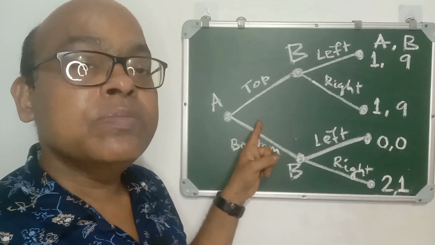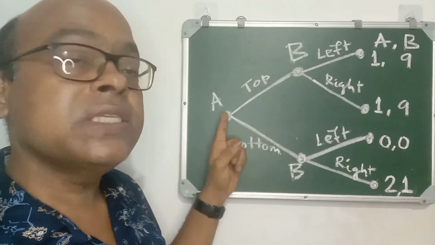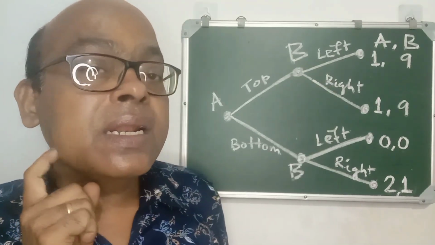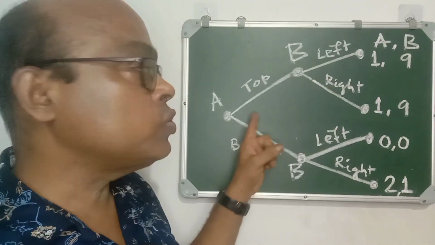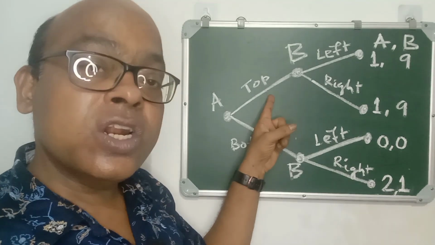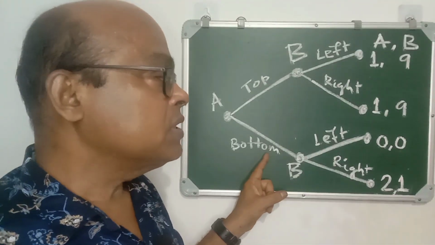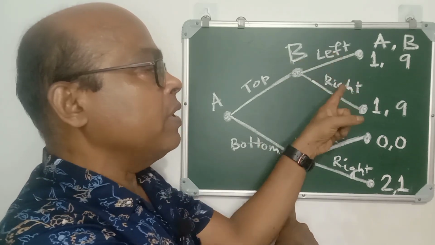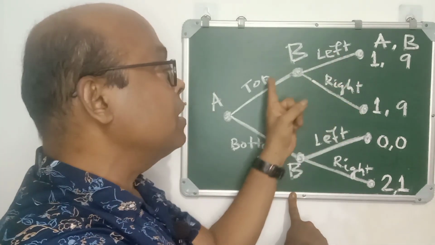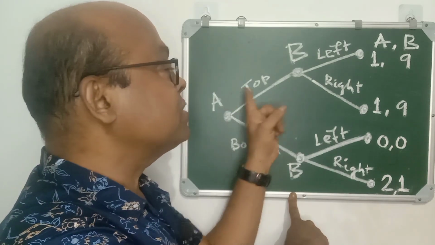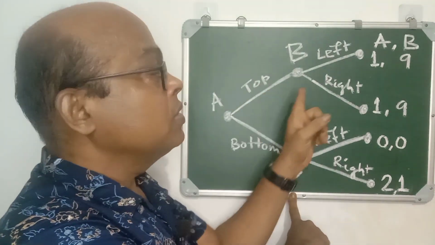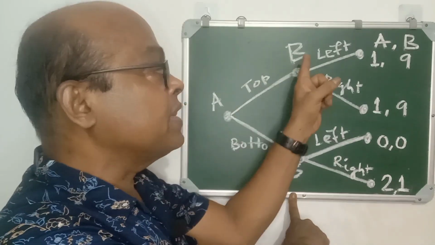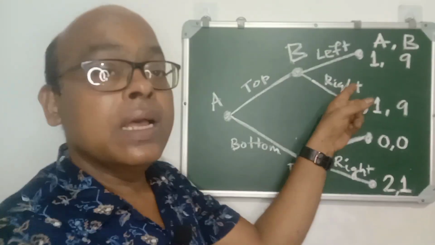This diagram shows the time pattern of choices of players A and B. Here, player A has to choose either top or bottom. Similarly, player B has to choose left or right, only after getting assurance that A has chosen either top or bottom. So after observation of A's move, only then will B move either left or right.